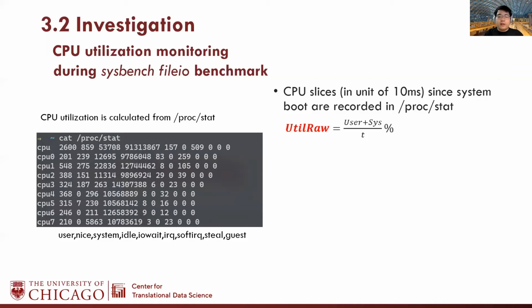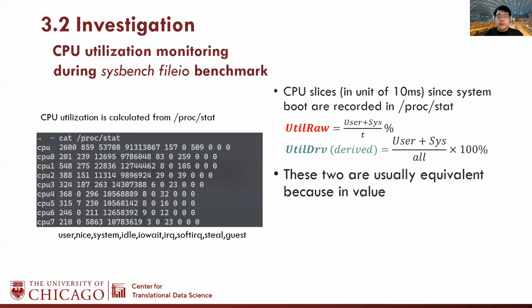We define utilization_raw as the sum of user and system divided by time t seconds. We also define utilization_derived as the sum of user and system divided by all the slices, which is also the way utilization is calculated in the top command. Usually these two are equivalent because in value, all slices are equal to slices per second times t seconds, and slices per second are usually hard-coded into the kernel as 100.